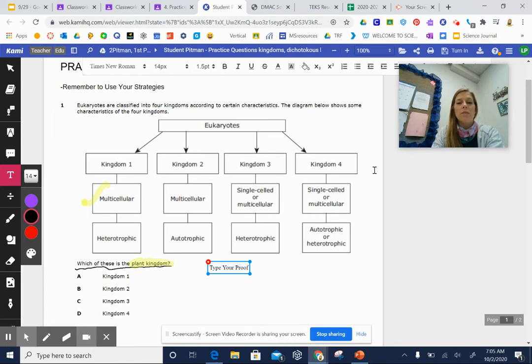Kingdom 2, multicellular, autotrophic. Kingdom 3, single-celled or multicellular, heterotrophic. Kingdom 4, single-celled or multicellular, autotrophic or heterotrophic. Which of these is the plant kingdom? Pause the video and work on question 1.